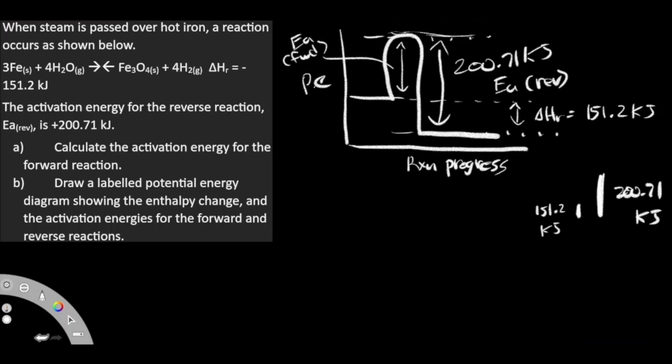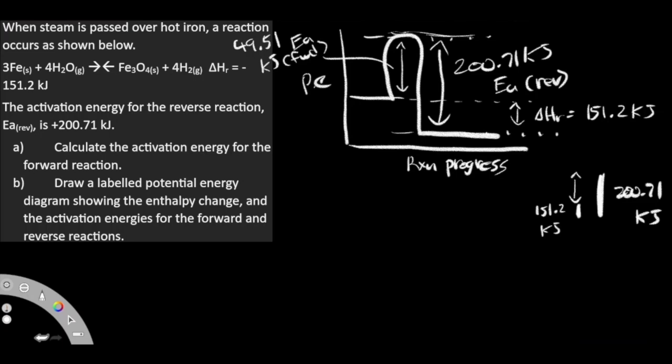In order to find the difference, you just do the calculation of 200.71 minus 151.2. That's going to give you the answer. So I ended up getting 49.51 kilojoules. That is our activation energy of the forward reaction.